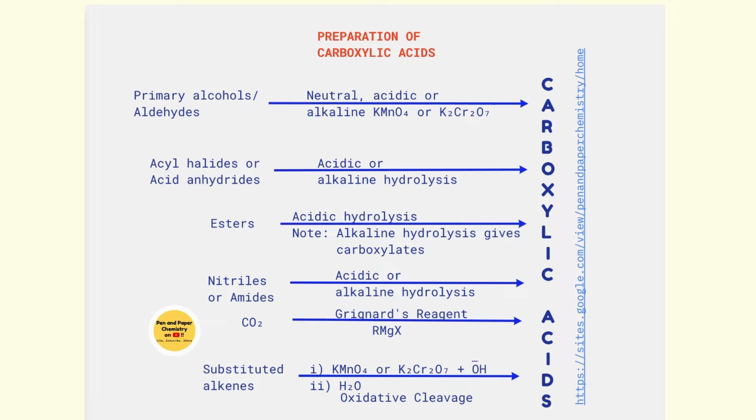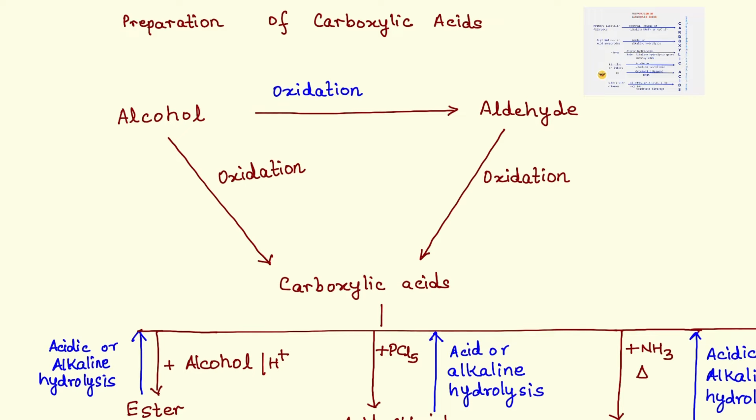So, are you all ready with your pen and notebook so that we can together write the equations for the preparation of carboxylic acids? To write the preparation, simply understand the logic. Alcohols, aldehydes and carboxylic acids, what is the relationship between them?